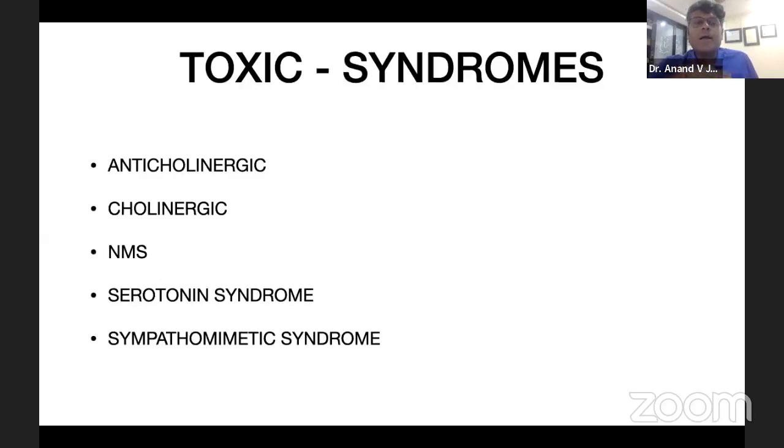Broadly, you look for features which are cholinergic and anticholinergic, which are on opposite sides. Look for hyperthermic features like stiffness, which include neuroleptic malignant syndrome, serotonin syndrome, or sympathomimetic. So these are just broad classifications. There are a few more, but this is where most likely you will fall in the category.